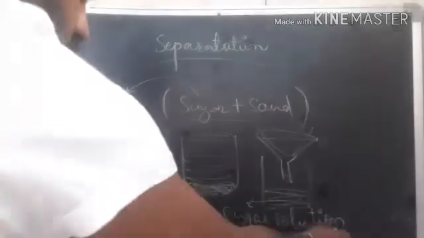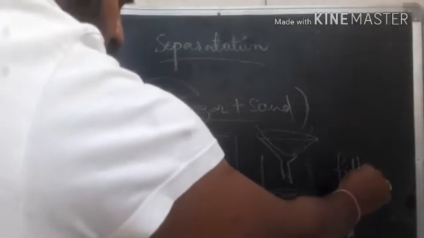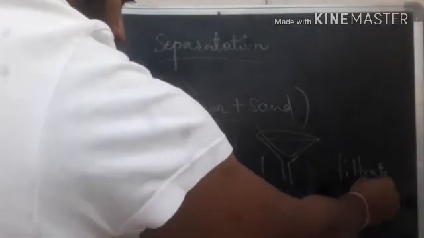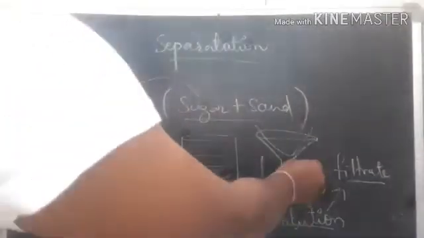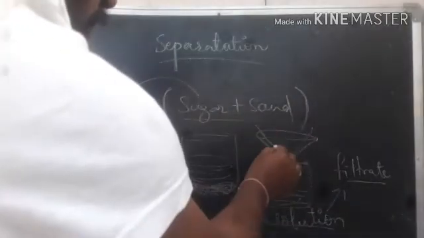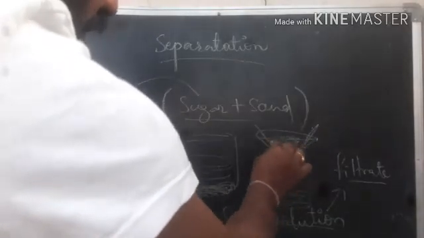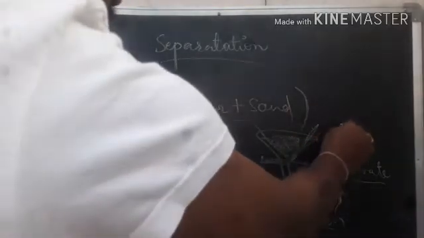So we get the sugar solution as a filtrate. Whatever sugar solution you get, you may take into another beaker. When you arrange a filter paper, the sand particles will be trapped here. So these are sand particles.